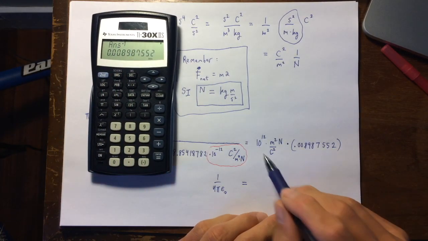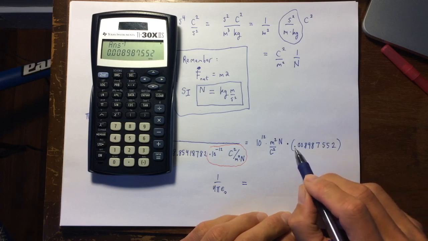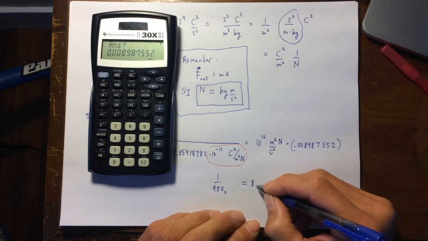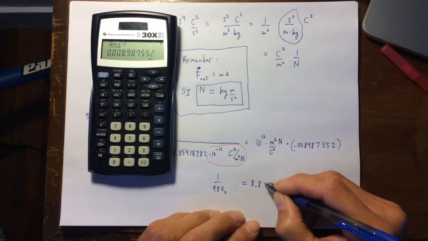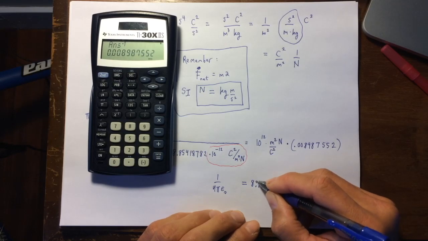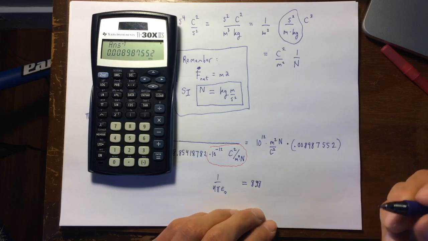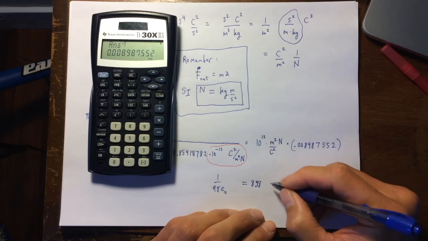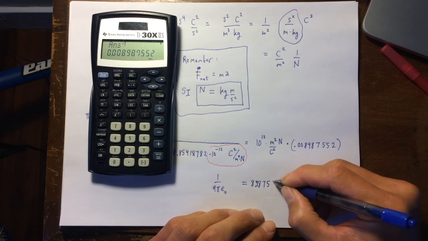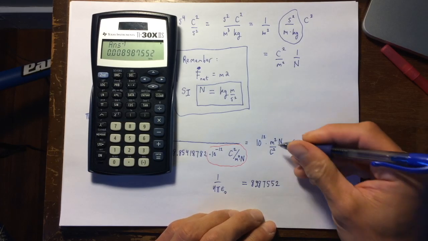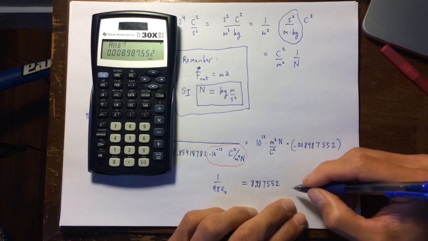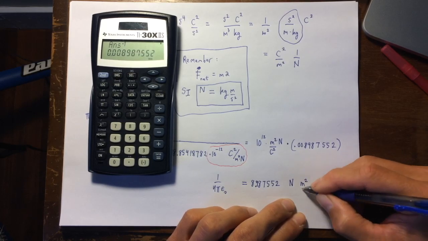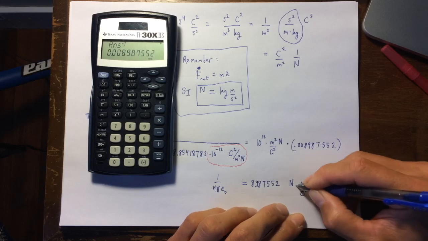So I've got 10 to the 12, but I can move this decimal point 1, 2, 3 spaces over. So this is 8.987552, and the units are newtons meters squared per Coulomb squared.